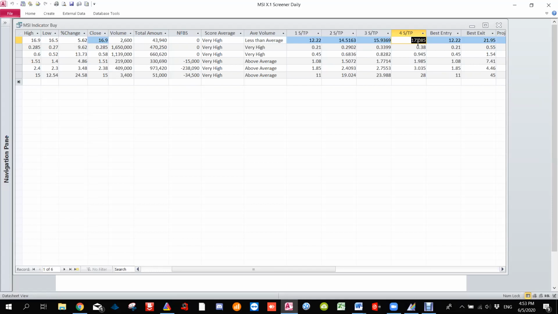Vice versa. Because if it drops below that, it becomes the target price. So at 16.9, I can buy because it's near the support level or target price of 17. But its exit price is still 21, so I can still buy.